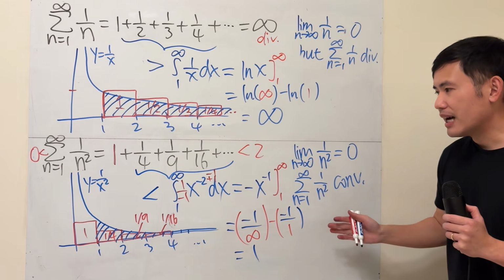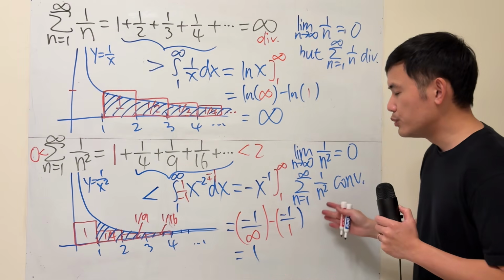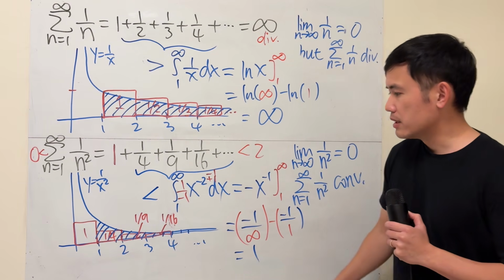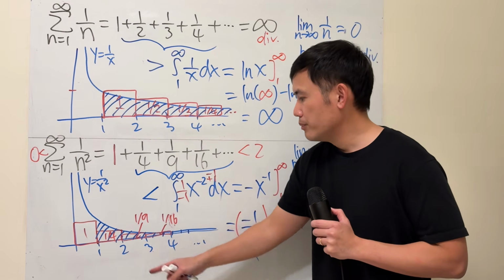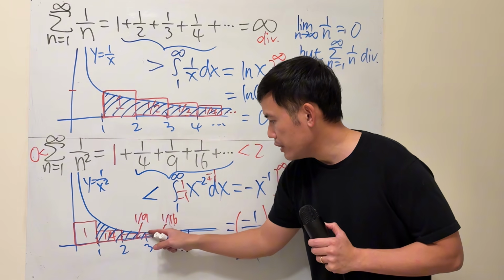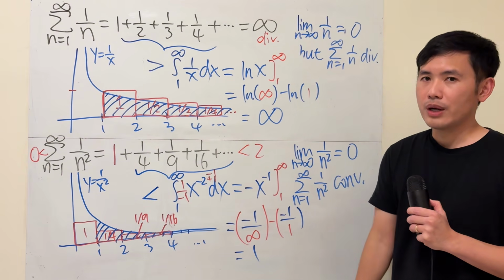But now the issue is, do we know the value that it converges to? In fact, based on this reason, we do not know, because definitely don't say this is equal to 1. No, because we have all the extra area, right? So if you add this up, it's not equal to 1.